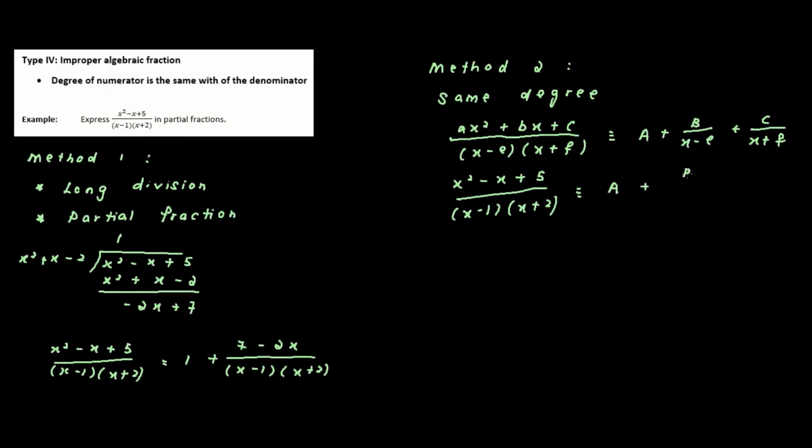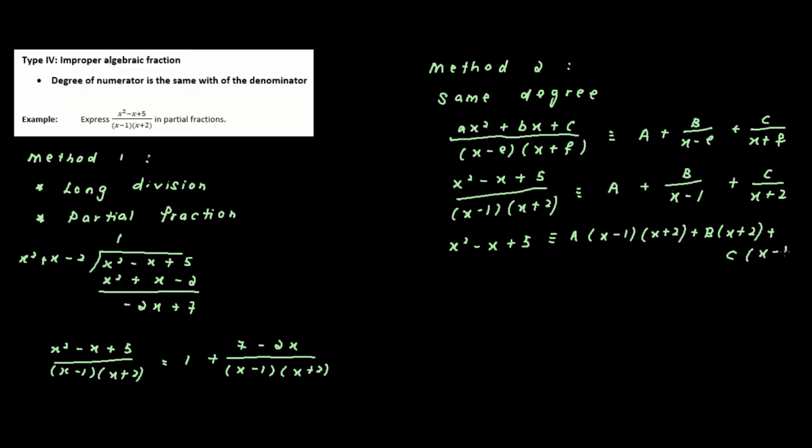Then after that, plus my B over x minus 1, and then plus my C over x plus 2. Okay, then after that, you can continue with your partial fractions. So x squared minus x plus 5 will be equal to A times (x minus 1)(x plus 2) plus B times (x plus 2) plus C times, sorry, I wrote here, (x minus 1).